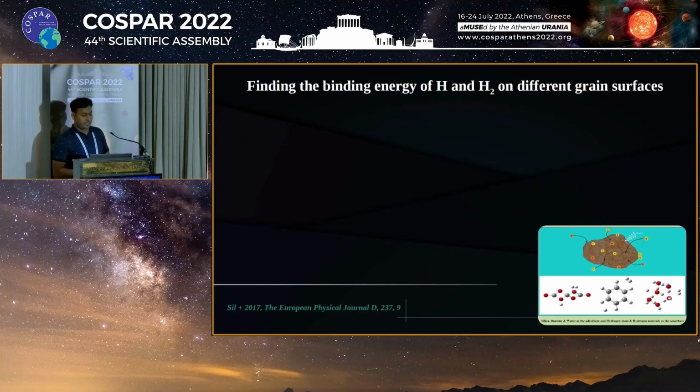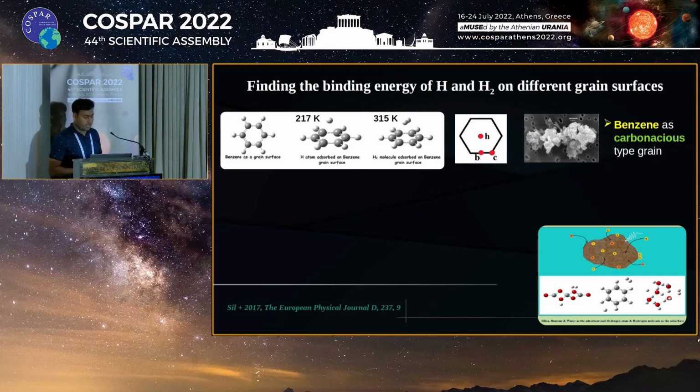To find the binding energy of H and H2 on different grain surfaces, we first use benzene as a grain surface. Why did we take benzene? Because we know graphite is an important carrier of the interstellar grain core.